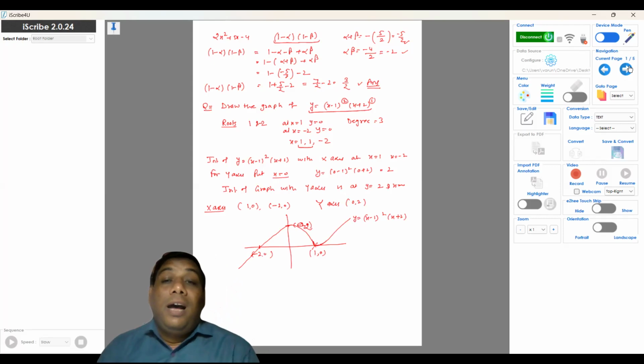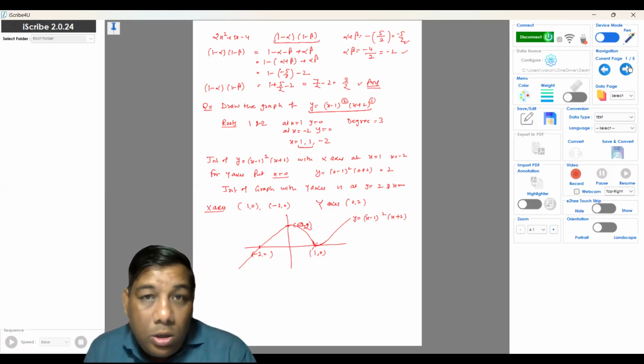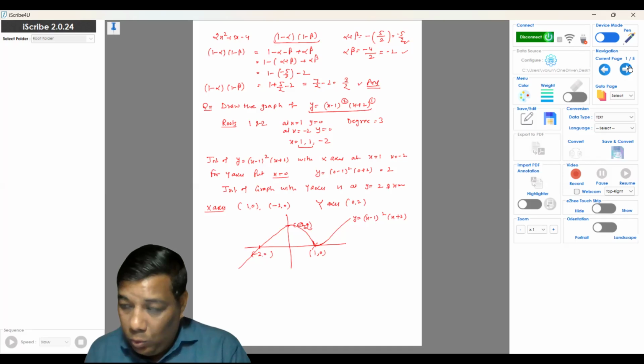Now this is the graph of this polynomial y equal to x minus 1 whole square into x plus 2.